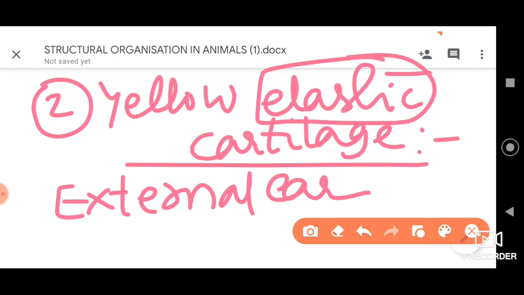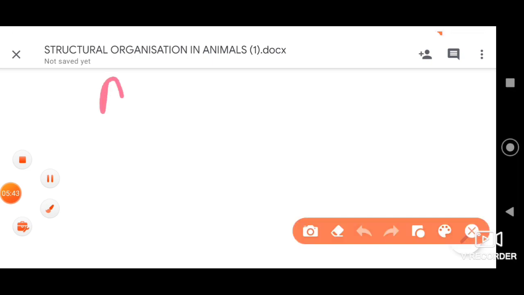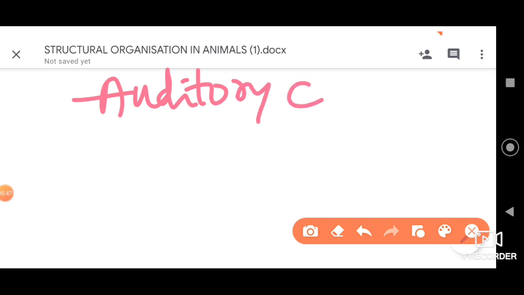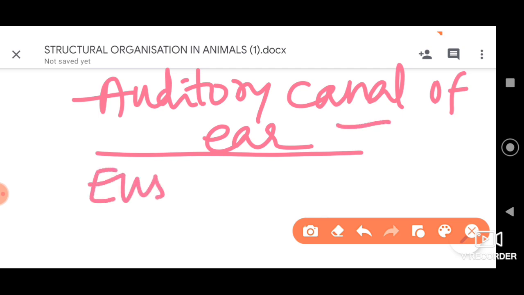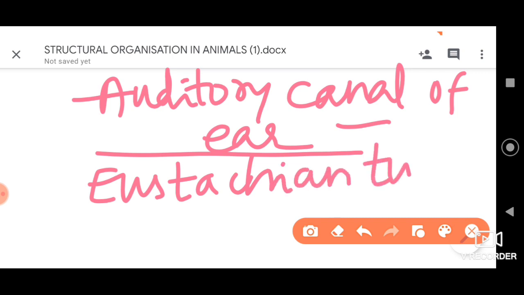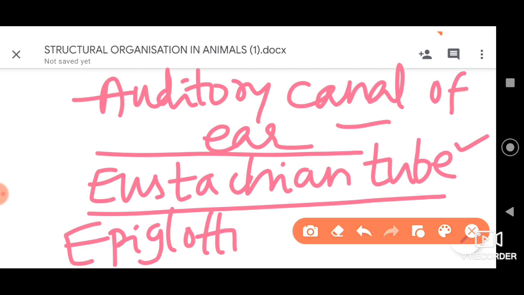And also we can find this yellow elastic cartilage in the auditory canal of the ear, where high elasticity can be seen. In the same manner, even the eustachian tube of the ear has this type of cartilage. We can also find them in the epiglottis, right children?